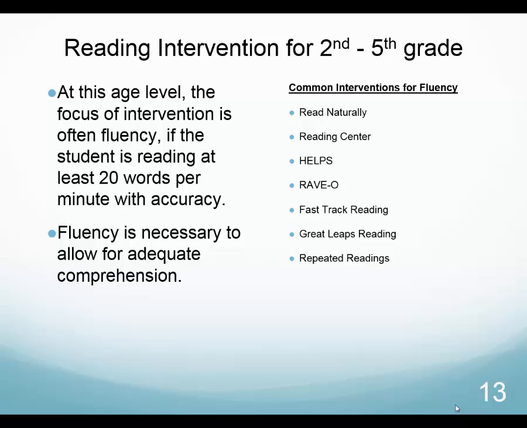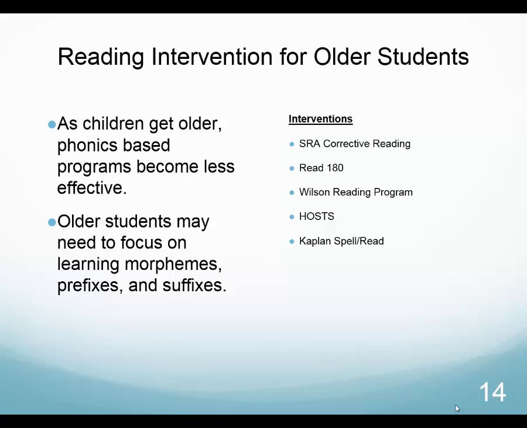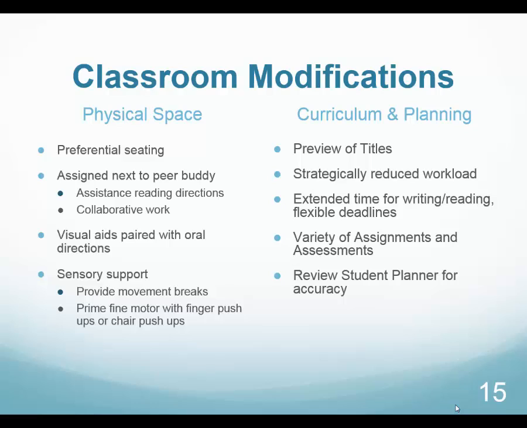Common interventions for this age include Read Naturally, Reading Center, Fast Track Reading, and repeated readings. As children get older, phonics-based programs become less effective. Older students may need to focus on learning morphemes, prefixes, and suffixes.